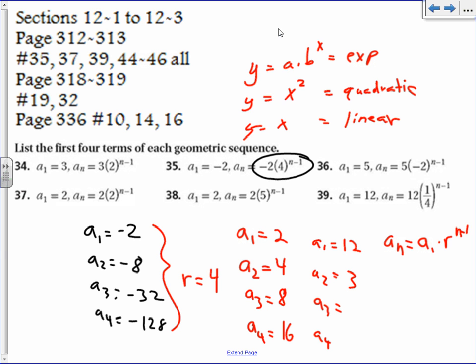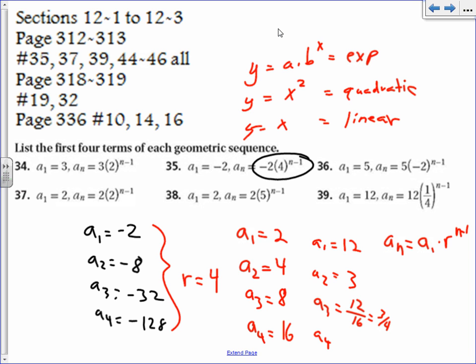Okay, so plug in a 3. 3 minus 1 is 2. 1/4 squared is 1/16. 12 times 1/16 is 12 sixteenths. 12 sixteenths reduces to 3/4.